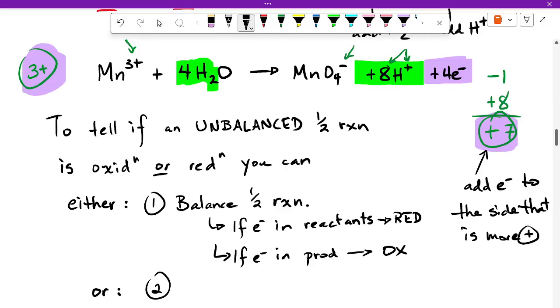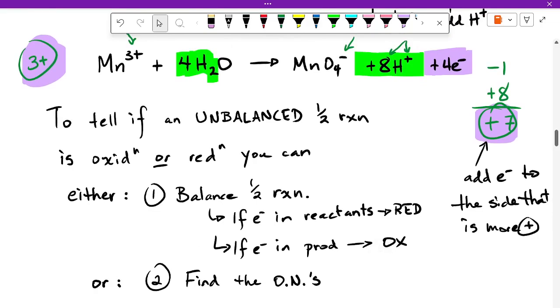Or you can find the oxidation number. And if the oxidation number increases, that's oxidation.